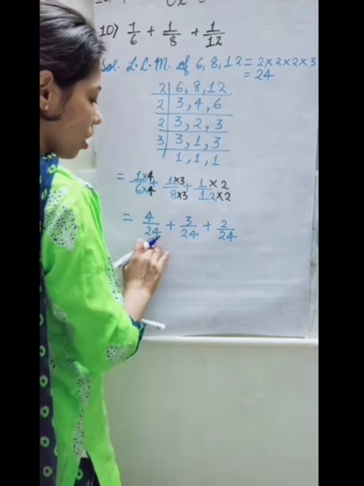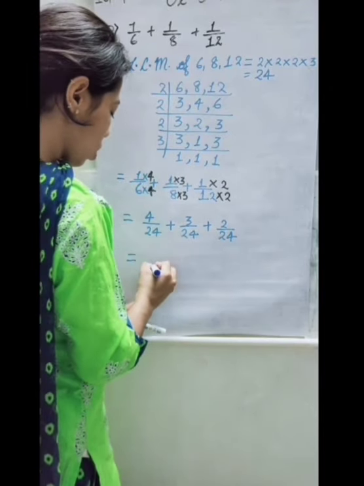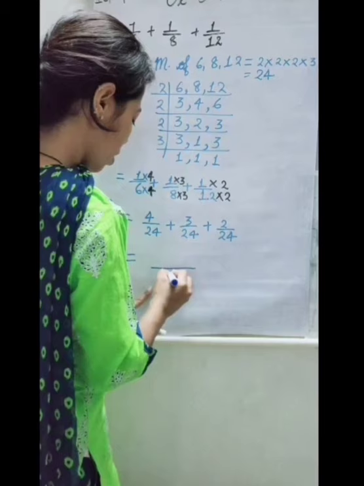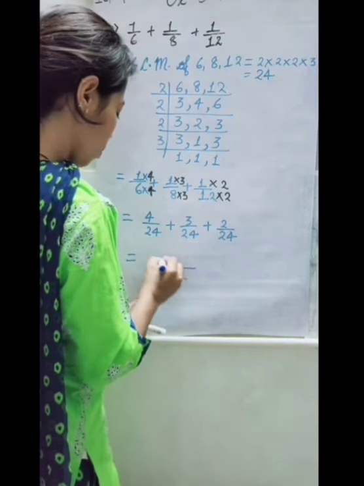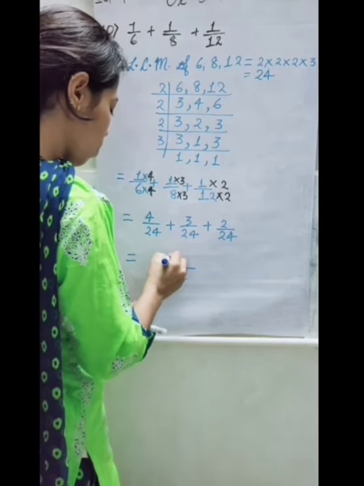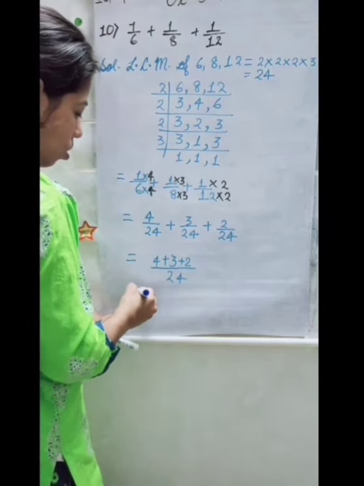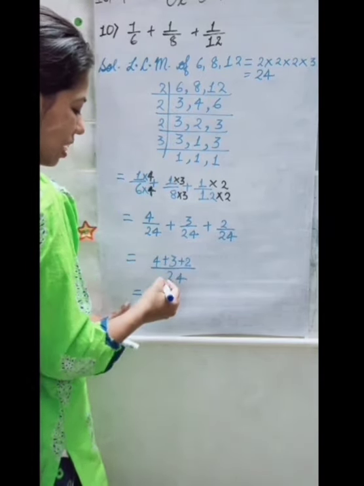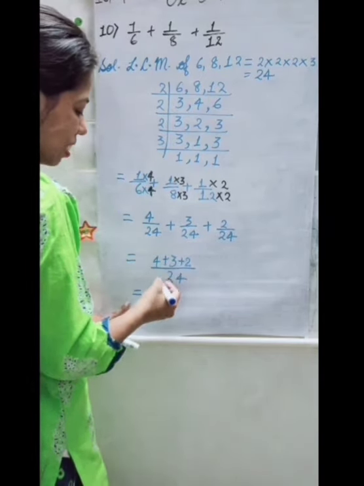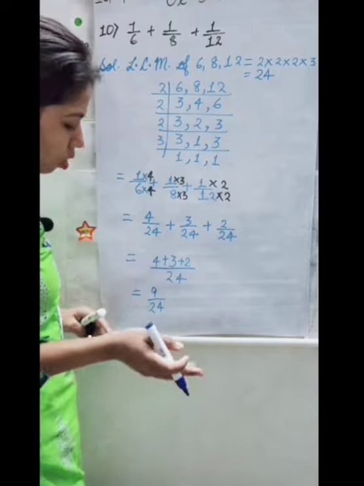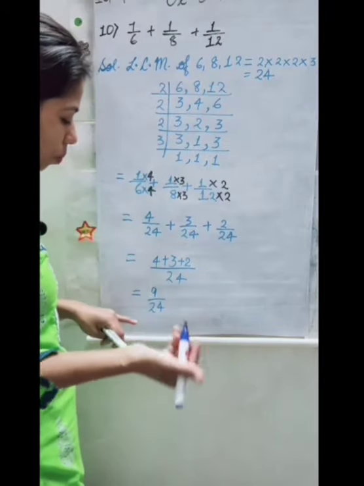As denominators in all three fractions is 24, we will write it once only. Then 4 plus 3 plus 2. So 4 plus 2 is 6, 6 plus 3 is 9 by 24. And this 9 by 24 we can reduce to the lowest term.